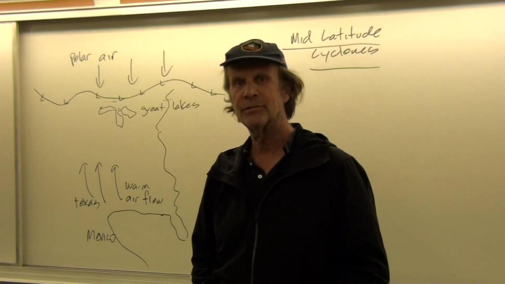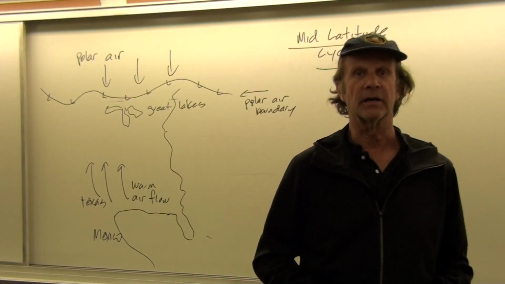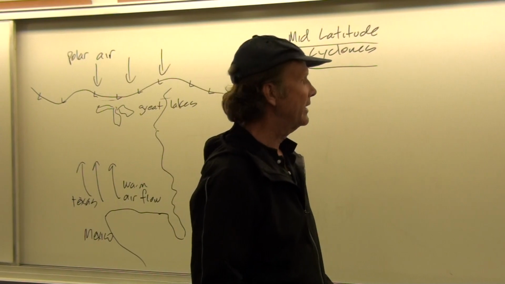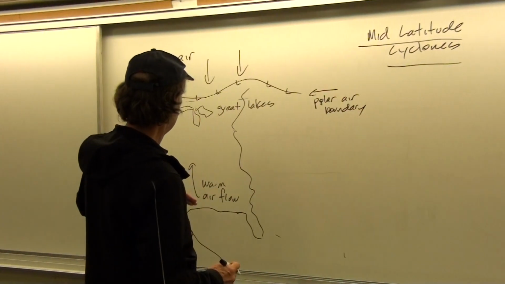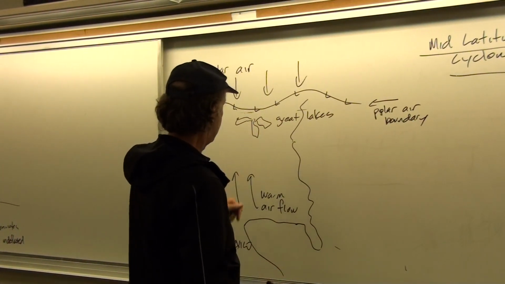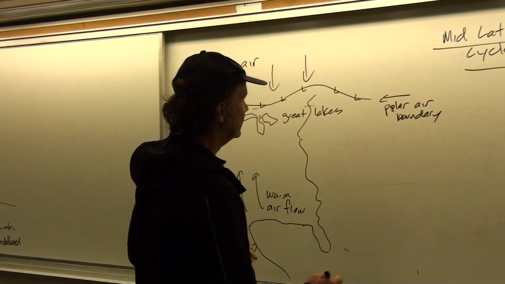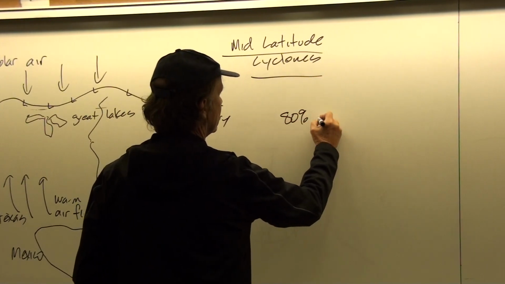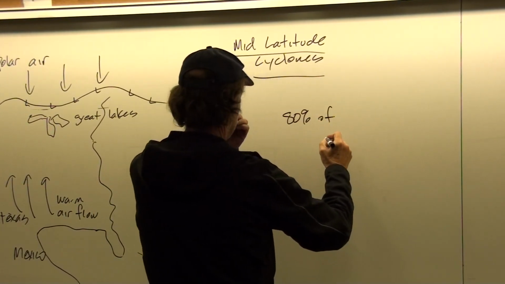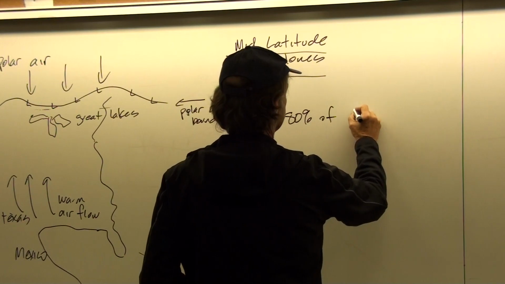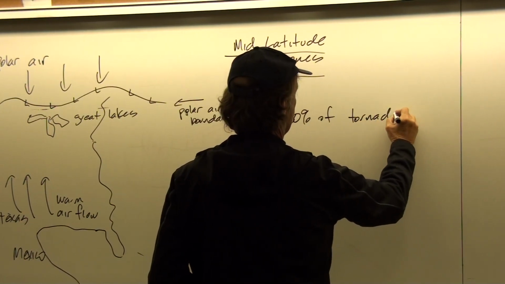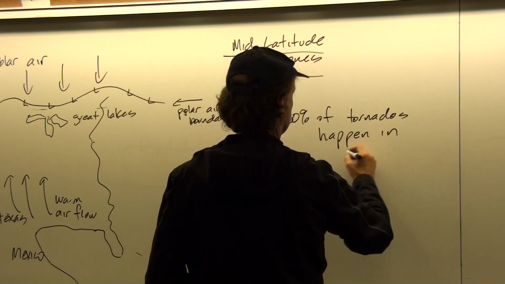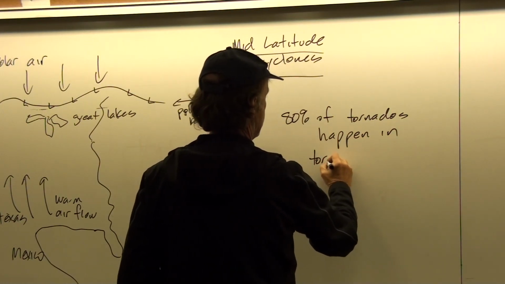And so oftentimes we look at kind of a classic textbook example of these mid-latitude cyclones as they occur in the middle U.S. And the reason why these tornadoes tend to, something like 80% of tornadoes happen in the middle of the U.S. We call it Tornado Alley.